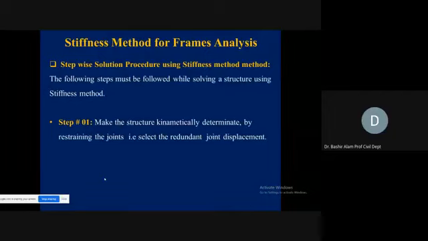And in step number 4, when we get the unknown displacements, then we go into step number 5, and we find out the member end actions, or we can find out the support reactions also. And then in step number 6, with the help of those known member end actions and support reactions, we draw the shear force and bending moment diagrams.